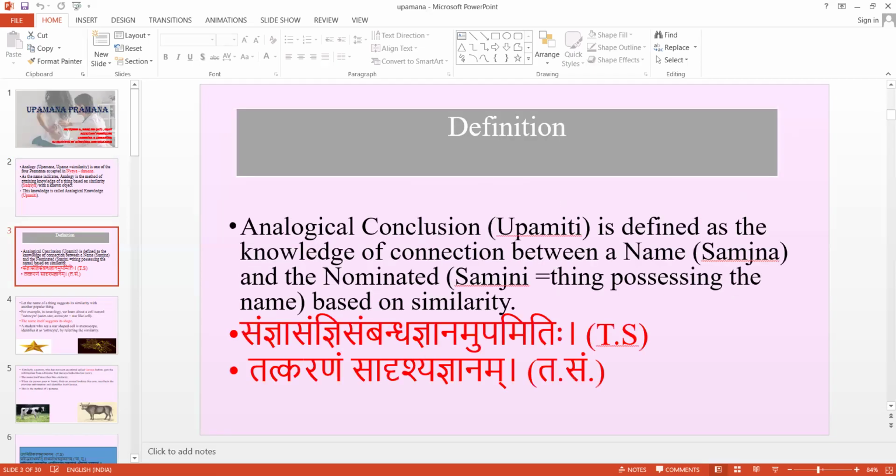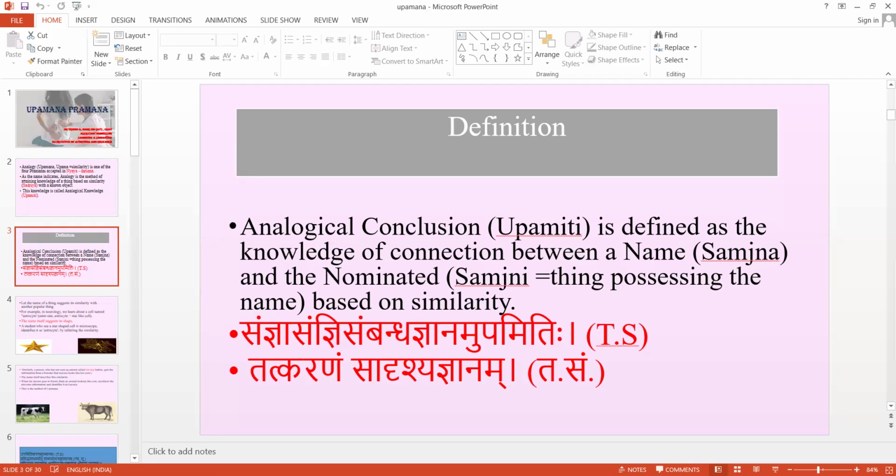What is the definition of Upamana Pramana? As I already said, you do not know the name of one object, but you know the name of another object.